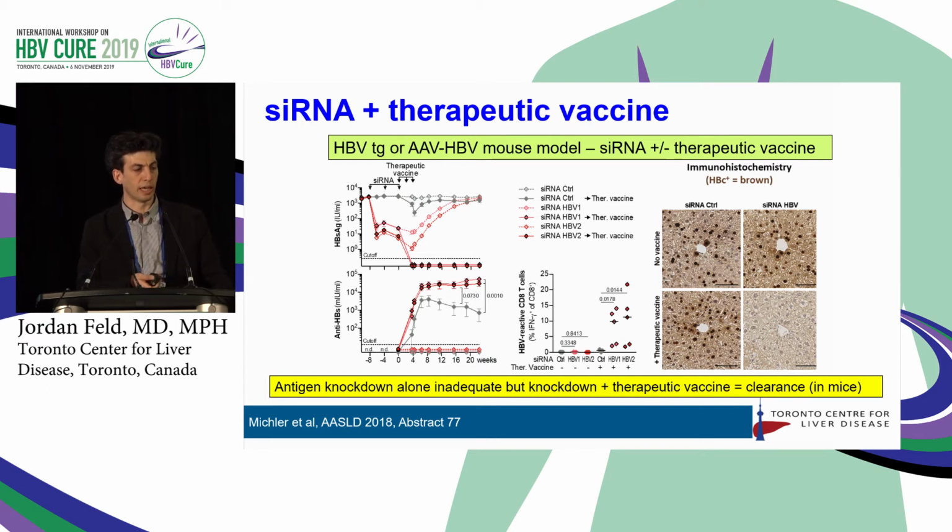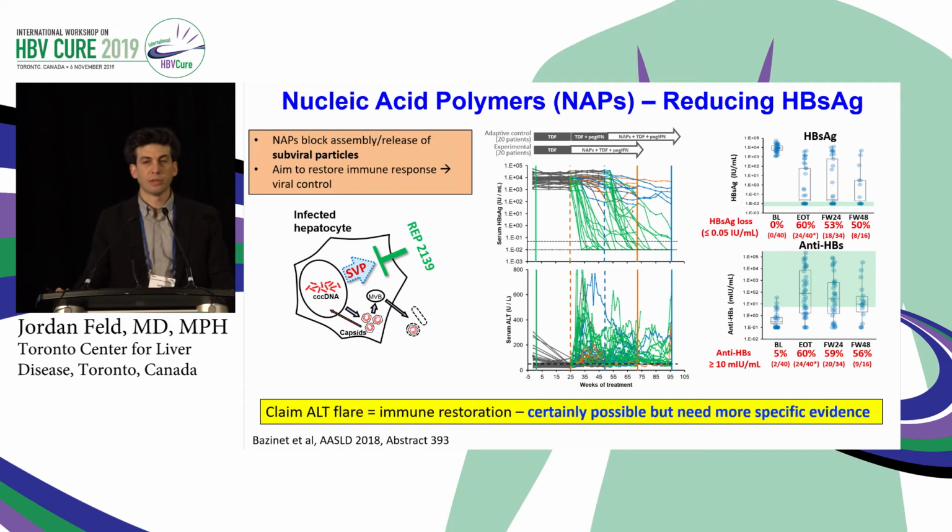So this shows that taking away this block of the S antigen preventing the therapeutic vaccine effect. Now I think we heard Andrew present the nucleic acid polymer data, and it's certainly interesting to see these flares and impressive to see the S antigen decline.